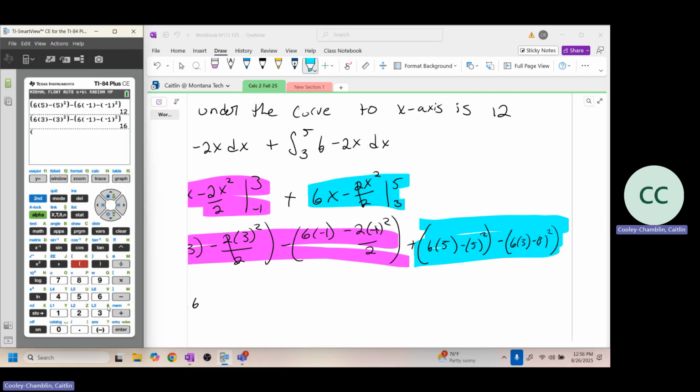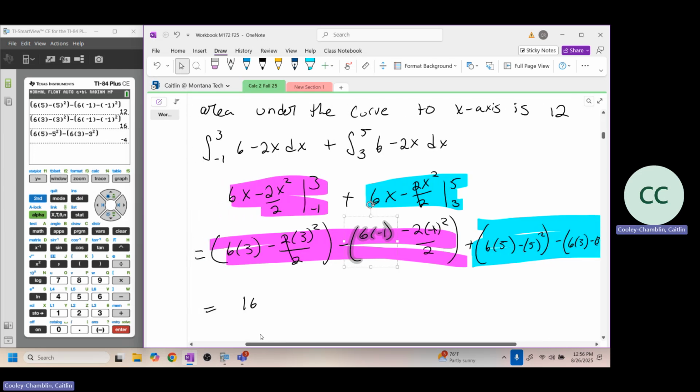So we have 6 times 5 minus 5 squared minus 6 times 3 minus 3 squared. We get -4. So here we get 16 plus -4, which is our 12.